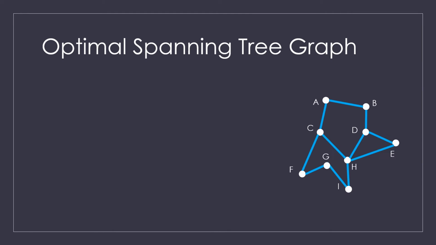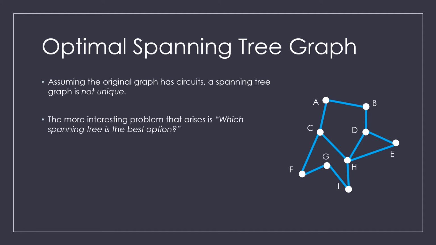So we have this graph, and we can make a spanning tree from it, but the problem is that it's not going to be unique, because there's more than one way to make a spanning tree, assuming you had circuits to begin with. Which edge you delete is up to you. Instead, we want to find the best spanning tree. But in order to talk about what best means, we have to find a way of ranking them.